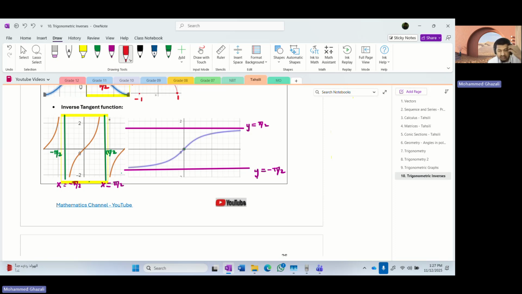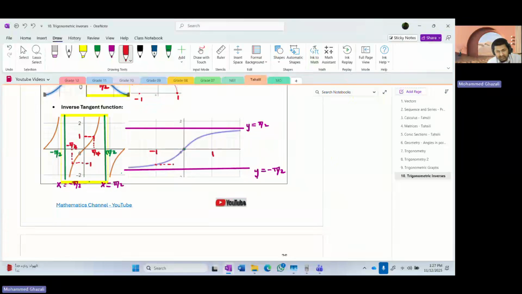Now there are some important values on the tan graph, like tan of 45 degrees or tan of pi by 4 is 1. Pi by 4 is here, right? It is 1. And negative pi by 4 is negative 1. So now the negative pi by 4 will go on the y-axis. Yes. And the negative 1 will go on the x-axis, negative 1 and 1.